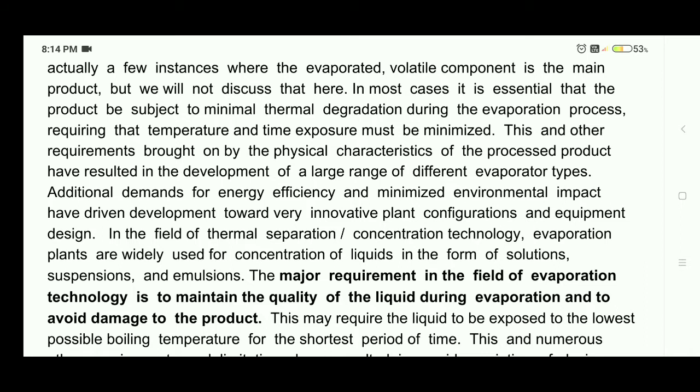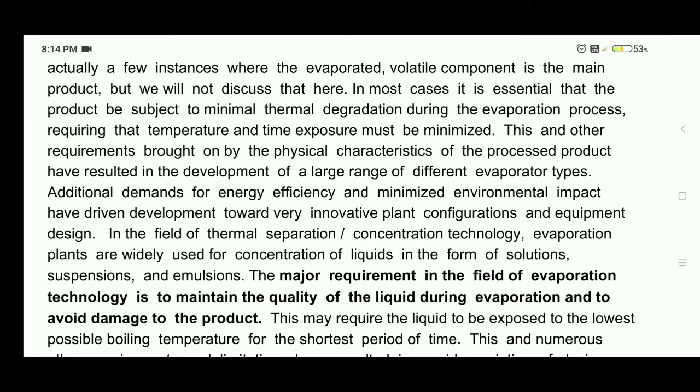This and other requirements brought on by the physical characteristics of the processed product have resulted in the development of a large range of different evaporator types. Additional demand for energy efficiency and minimized environmental impact have driven development toward very innovative plant configurations and equipment design.